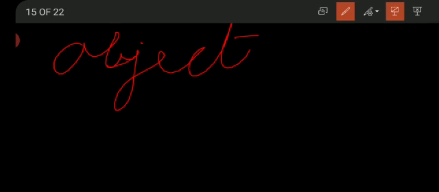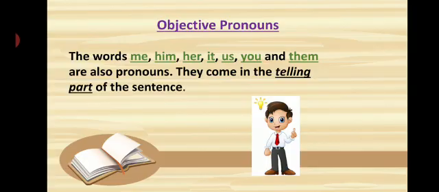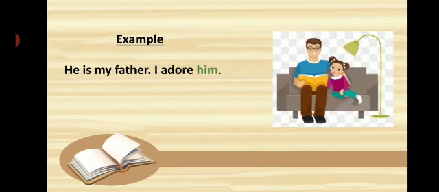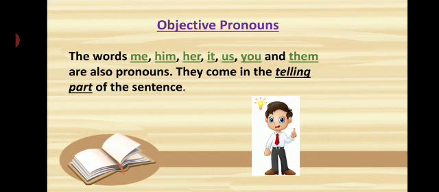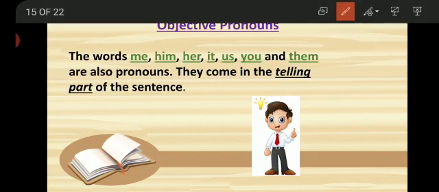Okay, students? So now we will get to know about the object pronouns. As the subjective pronouns are used in the naming part of a sentence, objective pronouns are present in the telling part of the sentence, about whom we are telling. Okay? So the objective pronouns are me, him, her, it, us, you, them.